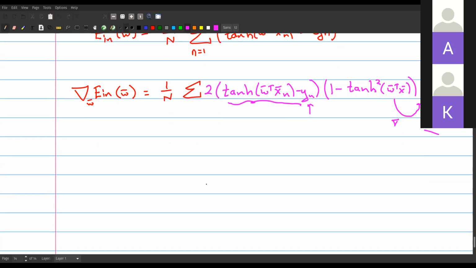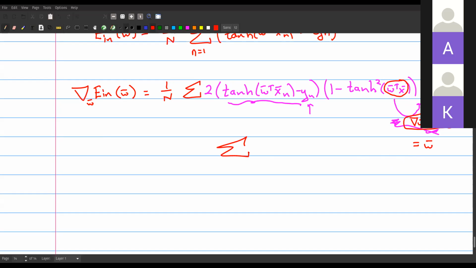Why did you multiply by x again? What I wrote there is just continuing to use the chain rule. I want to multiply by the derivative of this part, but we're not really doing the derivative, we're doing the gradient. So I have to take the gradient with respect to W of W transpose x. We wrote down a formula for this a long time ago. It just happens that this is equal to x.